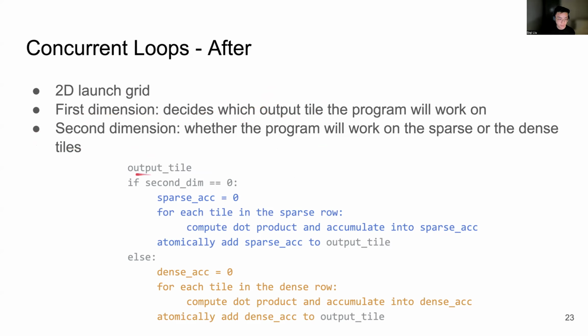As you can see here, we have our output tile. If the second dimension is 0, then we're going to work on the sparse part. Once the accumulation is complete, we're going to add this accumulator into the output tile. And then we'll do the same thing for the dense. But notice here that we're doing this atomically, which means there could be contention, which could be overhead.